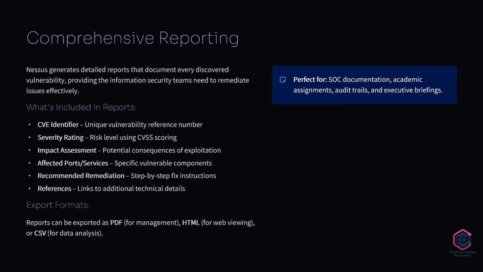The comprehensive report is helpful for SOC documentation, academic assessment, audit trails, and executives. It is the report generated from the results or output by Nessus, where we have pie charts and every vulnerability is marked, based on severity, whether critical, high, low, or informational.